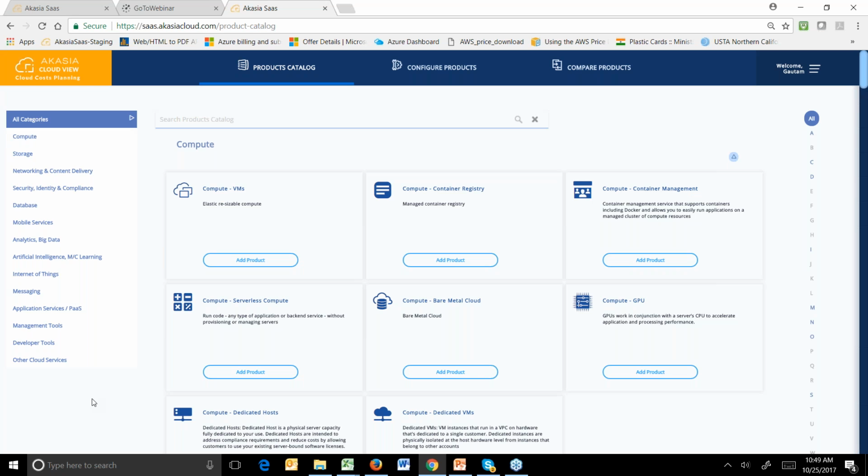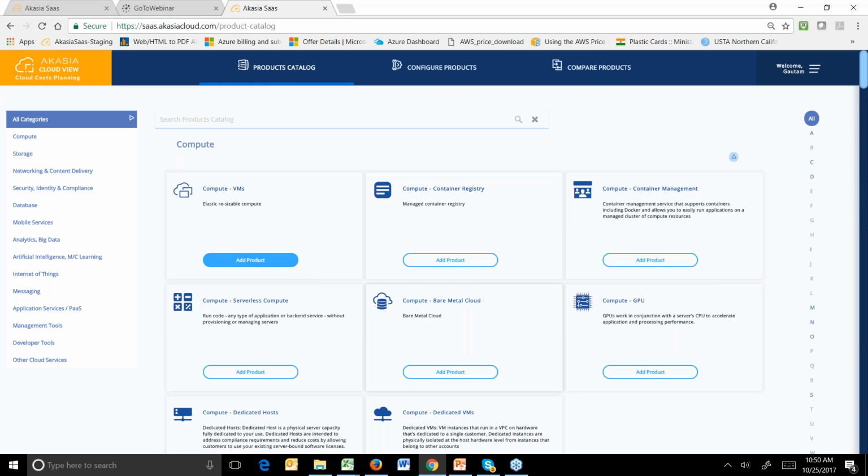So this includes services from Amazon, Azure, Google, IBM, and Oracle. And you can see the different categories here. And essentially, as you're considering building your new next generation applications, you will see on the right-hand side for each category the product categories available.